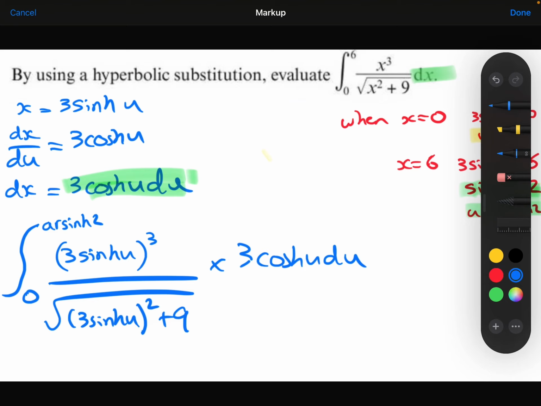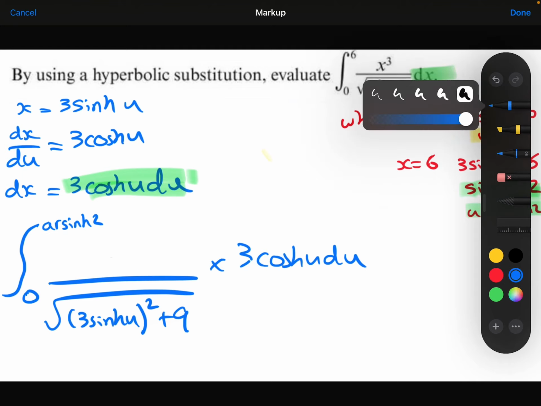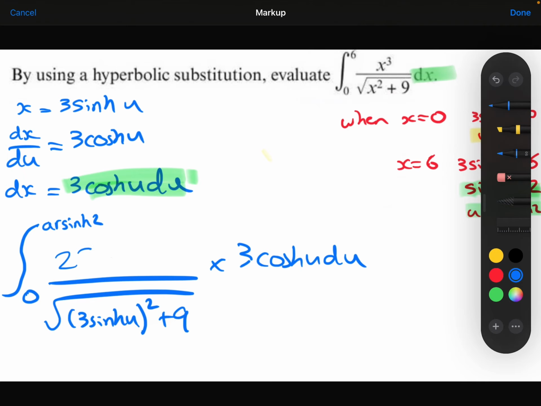So let's cube out the numerator, and I'll get 27, because the 3 cubed, sinh cubed u. So let me replace my numerator there. So it's going to be 27 sinh cubed u. My denominator, well, first of all, I've got the 9 sinh squared u.